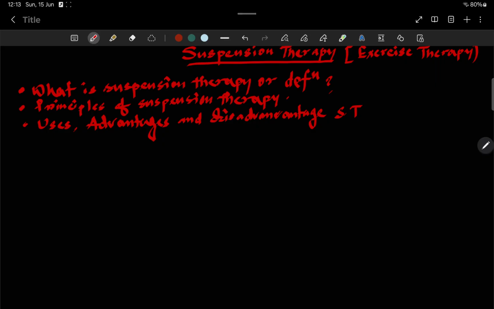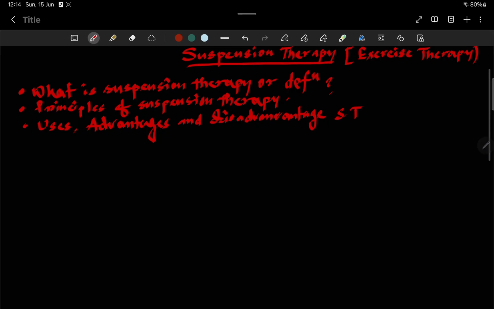Next are the parts of suspension therapy.